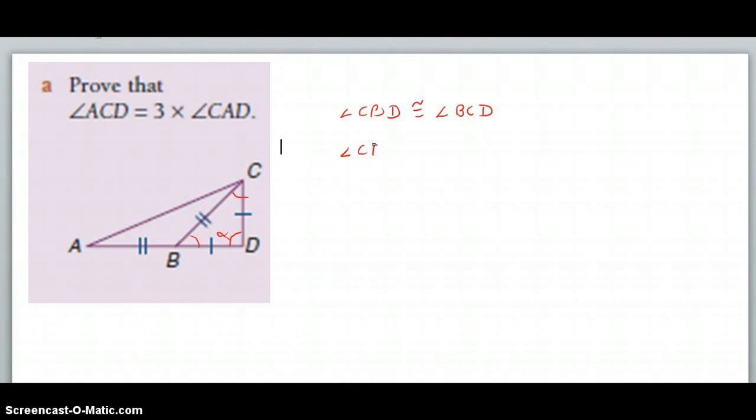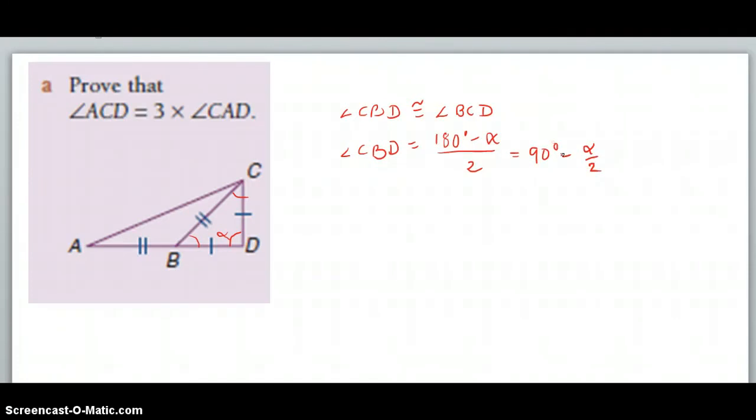Then I can say that angle CBD is 180 degrees minus my angle alpha. I've subtracted this; that will be the sum of these two angles, so I need to divide this by 2. Let's simplify this a little bit. I will divide 180 degrees by 2 to get 90 degrees, and alpha divided by 2 is alpha halves.